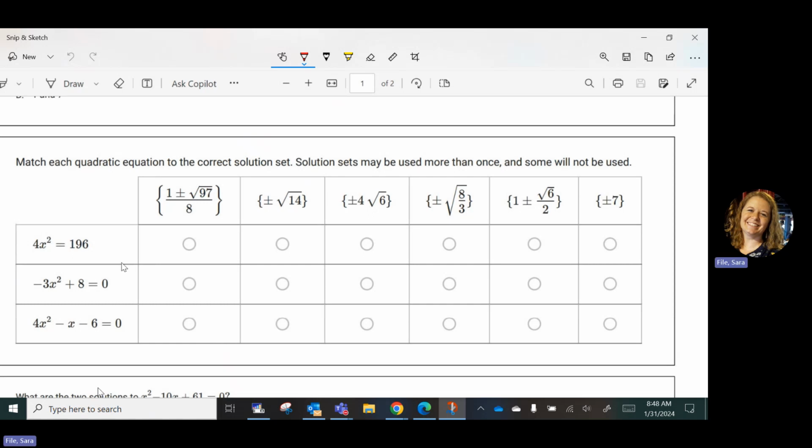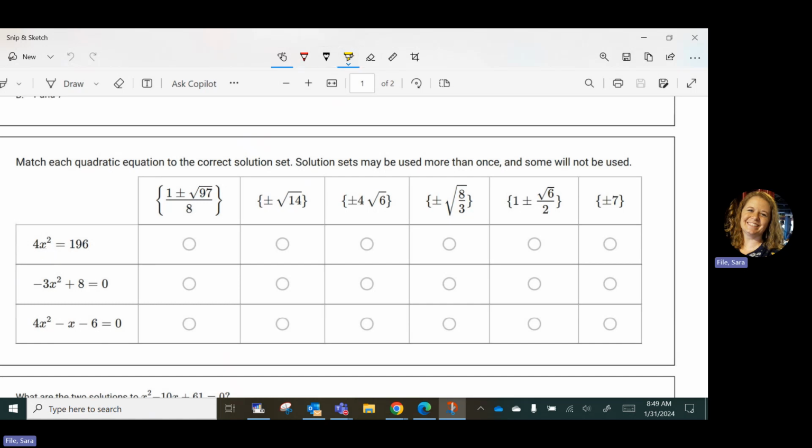The first one is set up to use what method pretty easily? Is there an x term or just the x squared term? Just the x squared. When there's not the x to the 1 power term, you just do the square root method. Just solve for x. Before I can take the square root, I need to get rid of that 4, right? You got to isolate what's being squared.